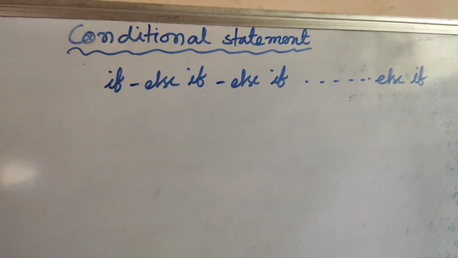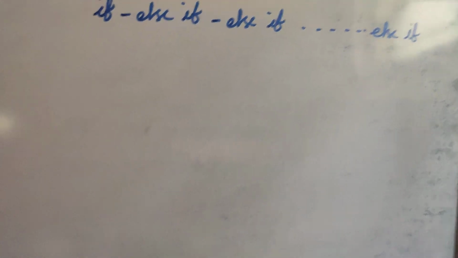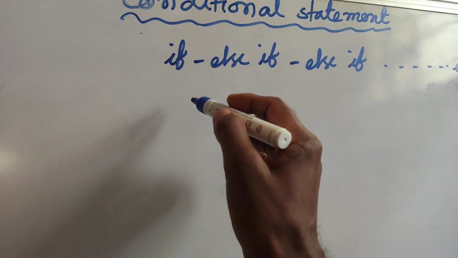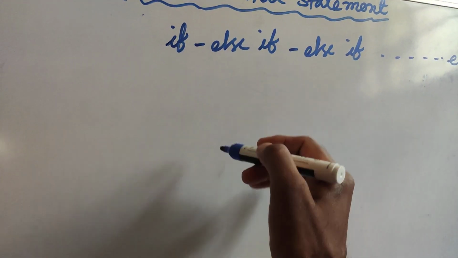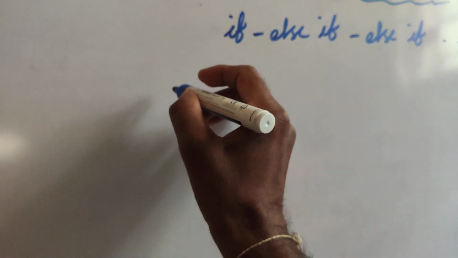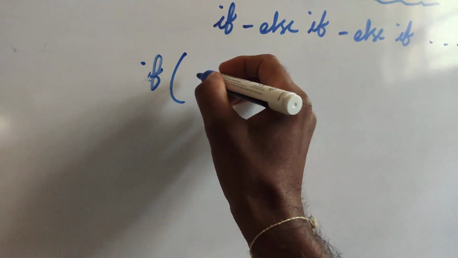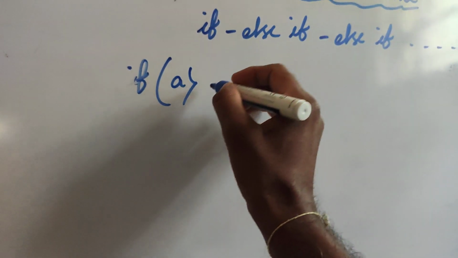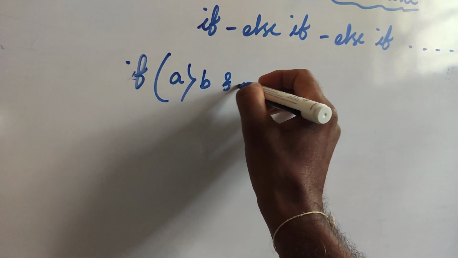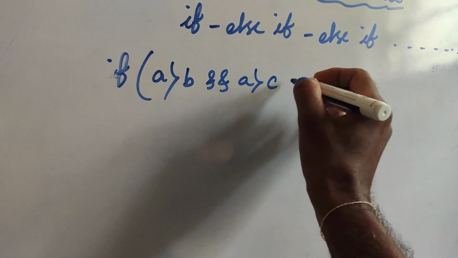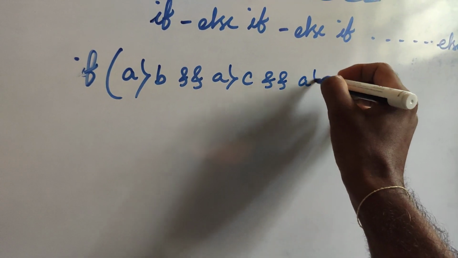See here, just an example, I am not writing full sentences here because in if then statements, else if statements, maybe one, maybe two. Now suppose 4 numbers: a greater than b and a greater than c and a greater than d.